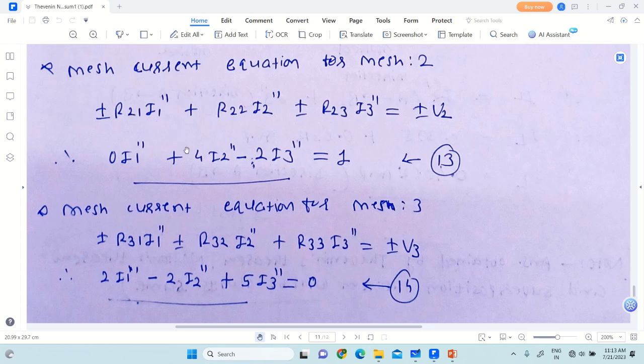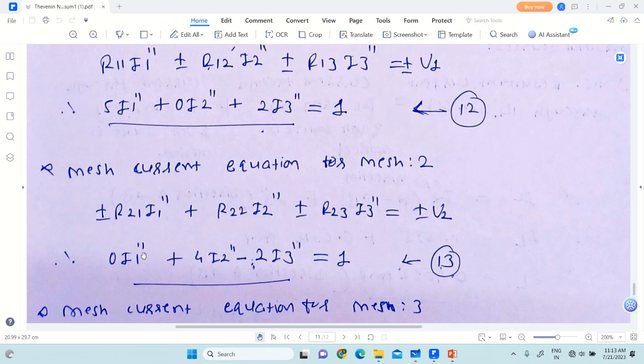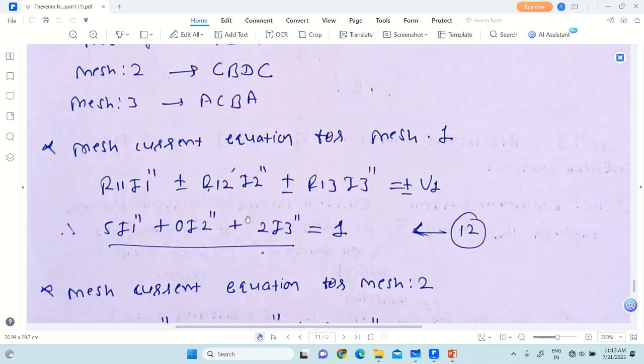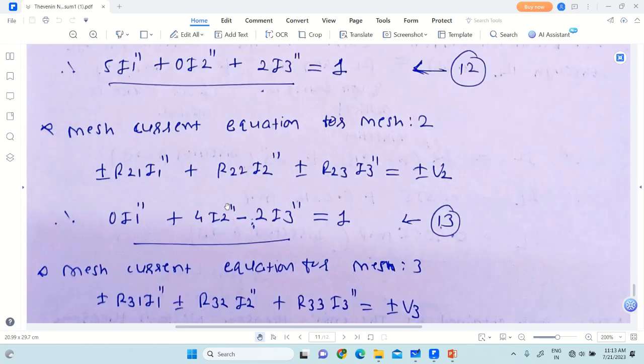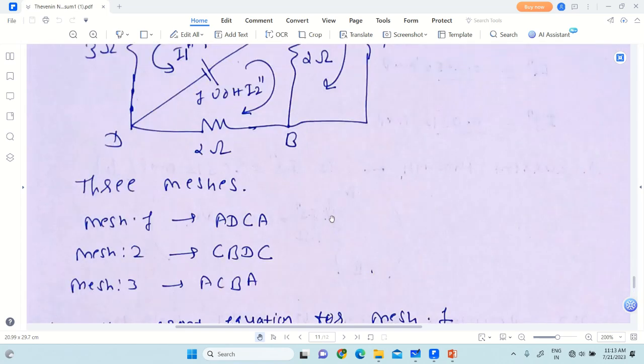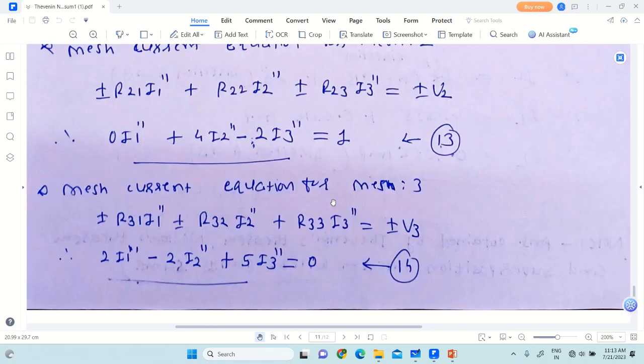Now R21 and R12 both are same, so it is 0 I1 double dash plus R22, sum of the resistances in second mesh, so it is 2 plus 2, it is 4 I2 double dash plus or minus R23, sum of the resistances common to second mesh and third mesh, so it is 2 I3 double dash.